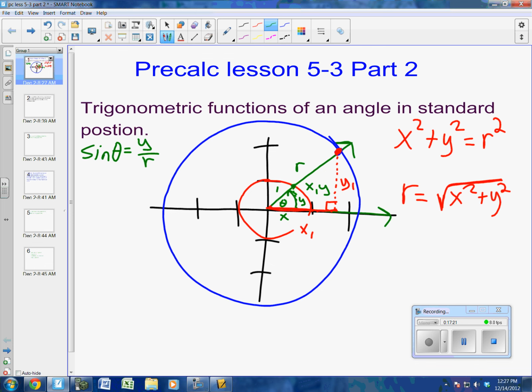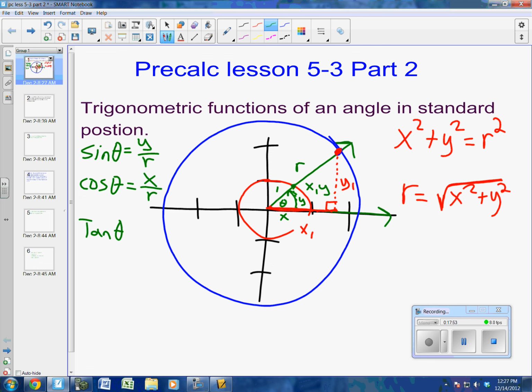Okay, let's go to cosine. What is the definition of cosine in right triangle trigonometry? Adjacent over hypotenuse. So look at what side's adjacent to the angle: x1, over the hypotenuse, which is r, or we'll just call it x over r. I would probably write these definitions on your foldable, right next to those other ones that we've written.